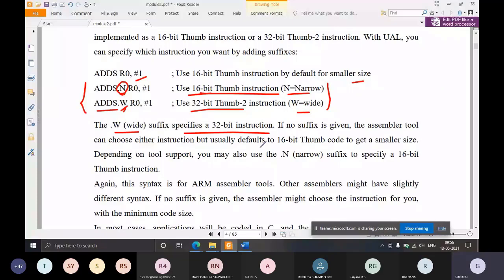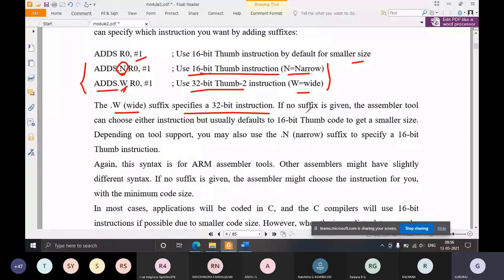And if no suffix is given, that is, if you don't give any .W or .N, if you just write ADDS R, then what will happen?